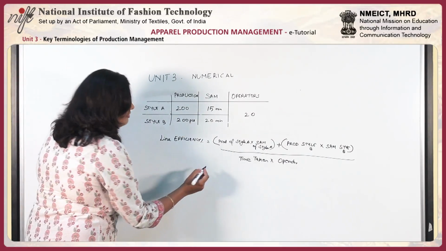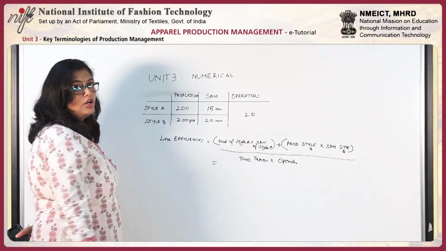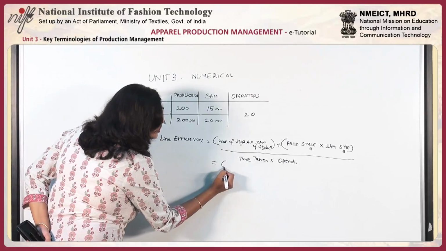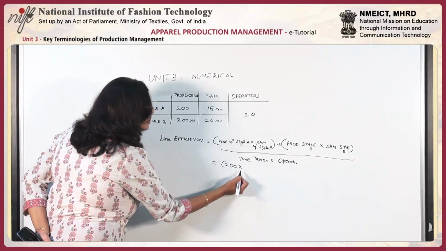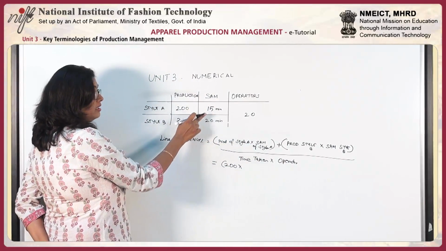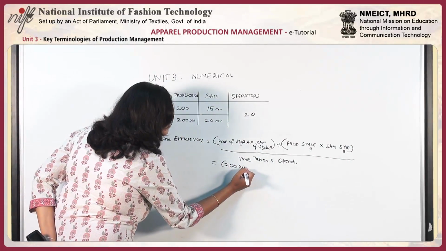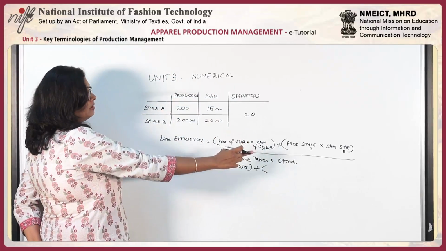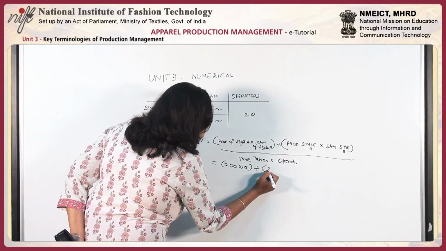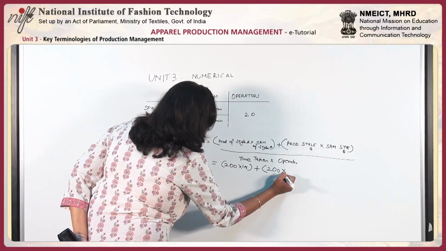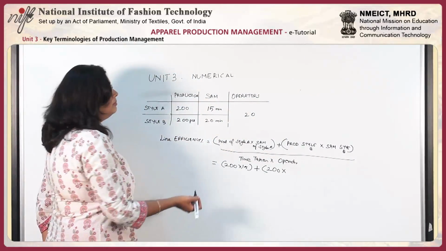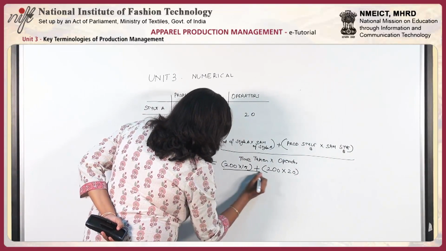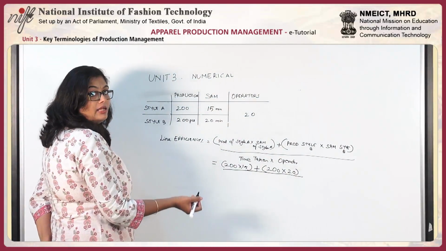If we fill in according to the formula, production of style A here is 200 pieces into SAM of style A, yes, 15 minutes, plus production of style B 200 pieces into SAM of style B would be 20, divided by time taken.